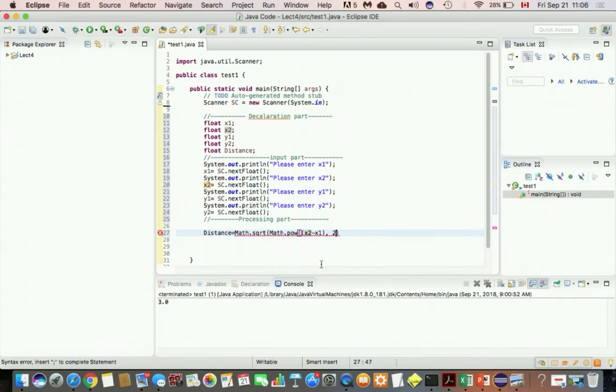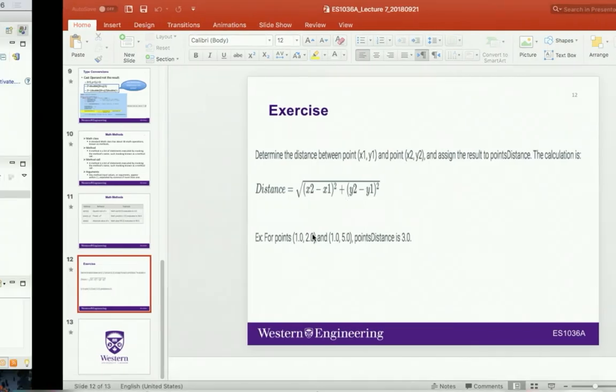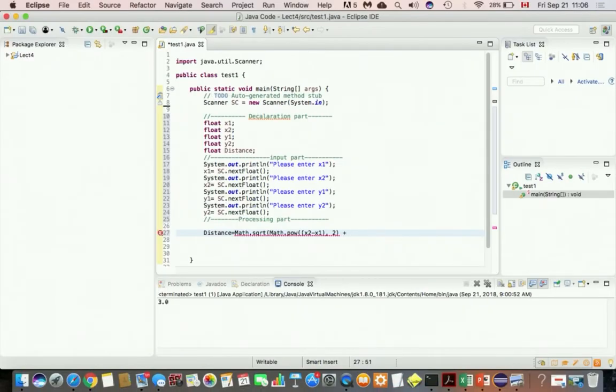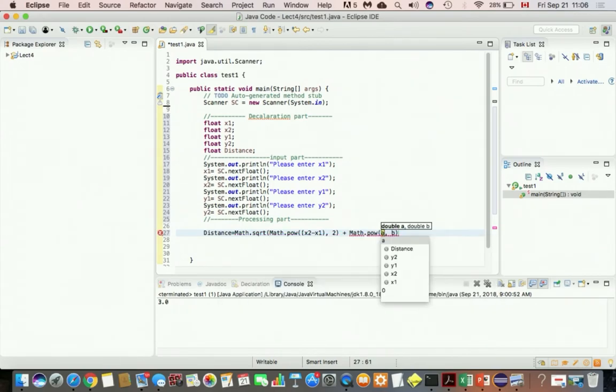So this is the first part of pow, and is it plus or minus? Here it's plus. So I take it as plus. Math again dot pow, y2 minus y1, and to the power of 2.